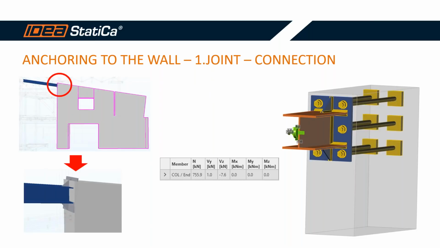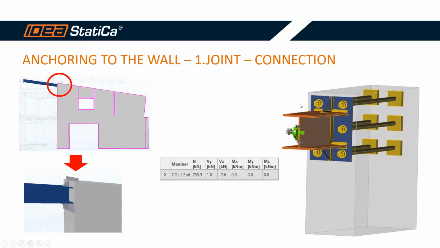From the global project which was created in Tekla Structures, we know how the anchoring looks, and we know the critical combination of the internal forces which will appear on this connection. So we will use the IDEA StatiCa Connection application to receive the tensile forces in the anchors.